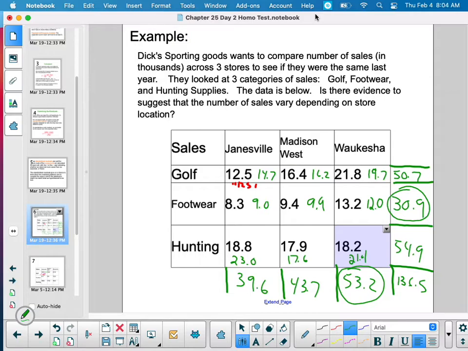All right, so we've got all our expected values now. Now we go to our stat menu, tests, and C, chi-squared test. Our observed values are in A, our expected values are in B, and we just go to calculate.